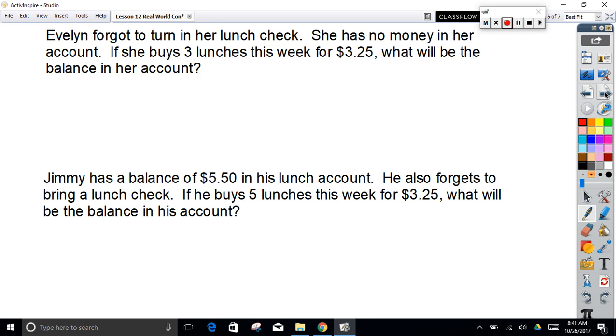Michaela, how would I solve this? We would do $3.25 times 3, and I got -$9.75. Okay, were one of these numbers negative then if you got a negative answer? Yeah. Which one? The negative. Okay, did you say that and I missed it? Okay, -3.25 times 3 equals -9.75.